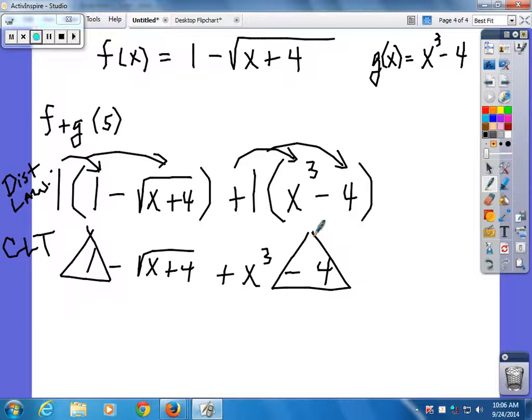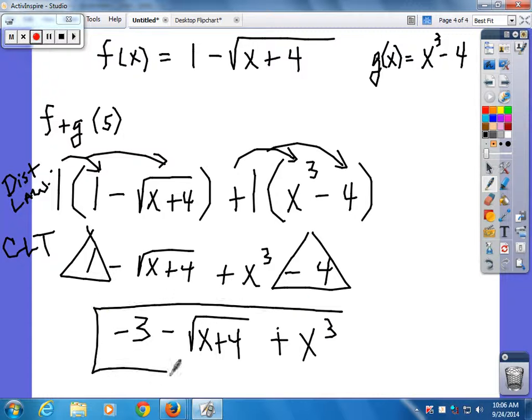So what is 1 minus 4? So your final answer is -3 minus the square root of x plus 4 plus x cubed. Now I'm going to circle that, or put a rectangle around it, because that is our expression that we come up with.